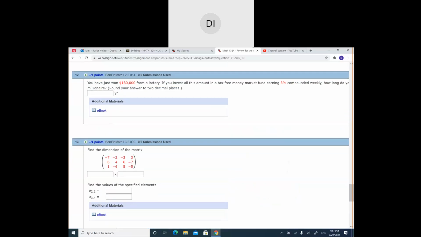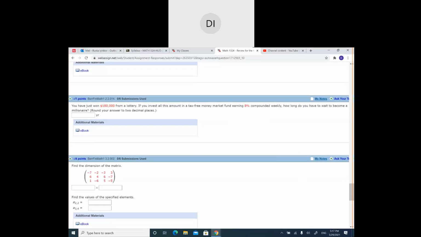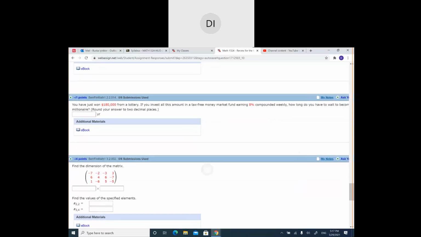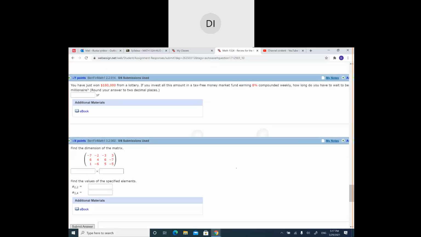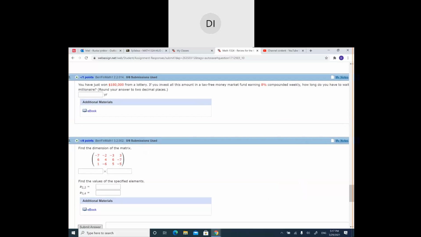And number 12 we have, it says how long it's going to take you to become a millionaire. So if you won 180,000 and you invest 8% compound weekly. So if you compound weekly, then we're talking about compound interest.